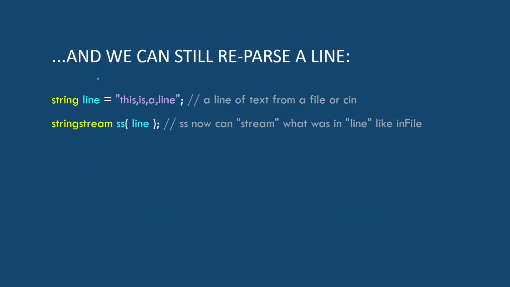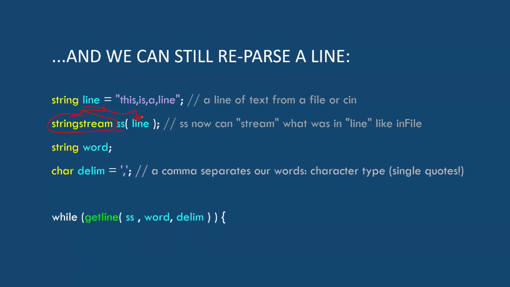If you want to convert a line of text into almost like a file itself, that's called a string stream. So what I'm doing here, once I read in a line of text, I create a stream of characters, a string stream. I call it s, and I feed it this initial string. Now it's just like a file.